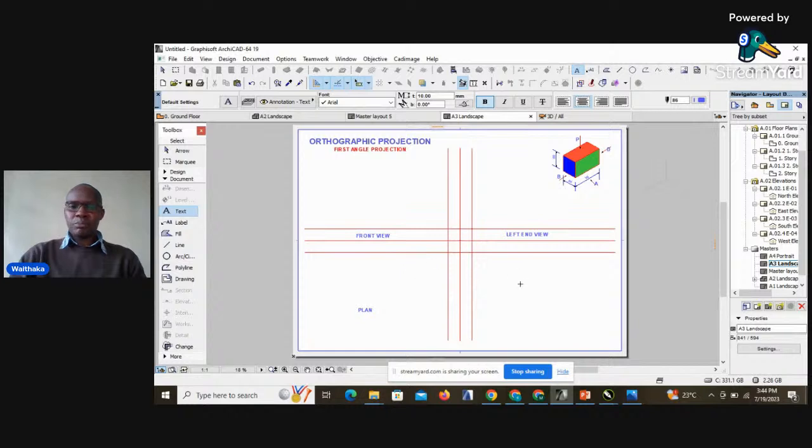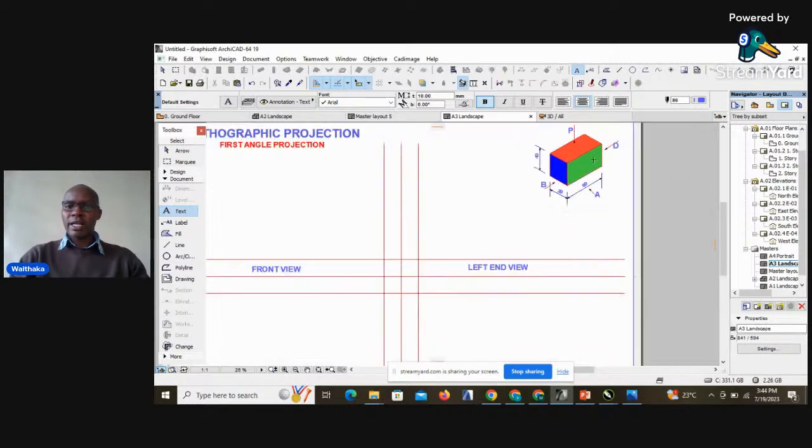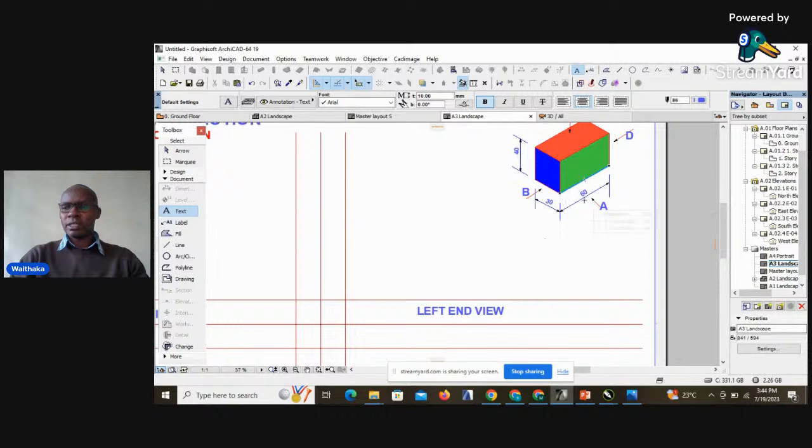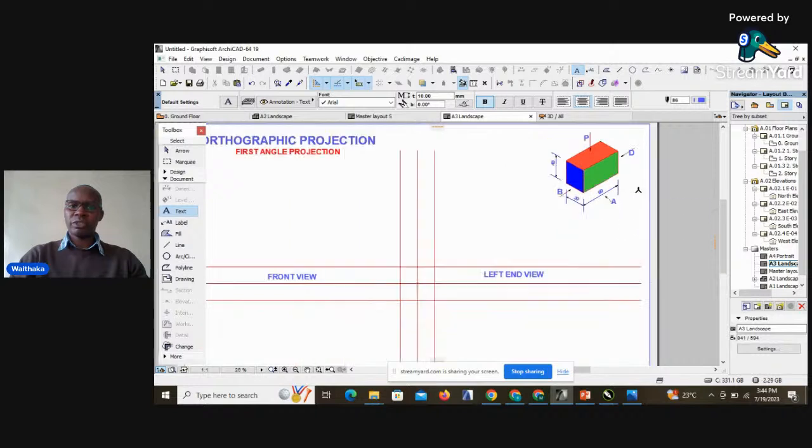So we will proceed and project the given views in first angle, and we'll start with the side A, front view A, and it's basically a rectangle that measures 60 millimeters by 40 millimeters.